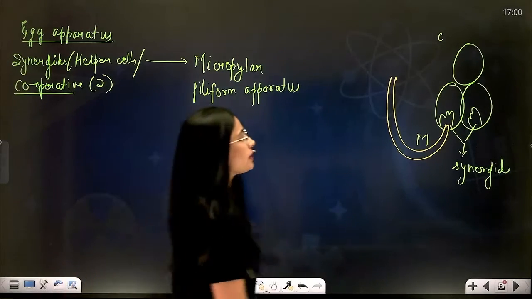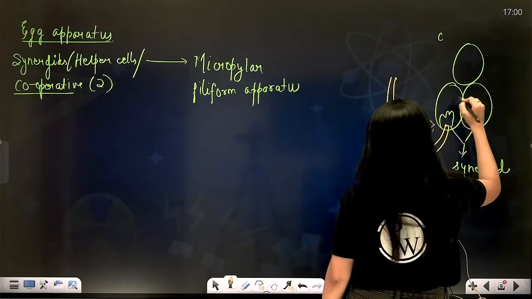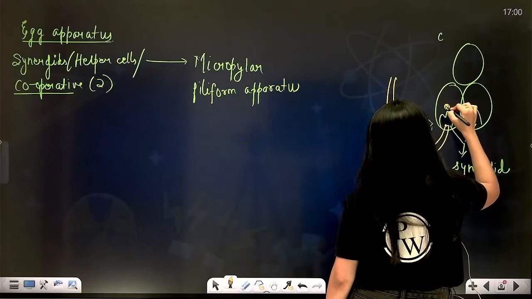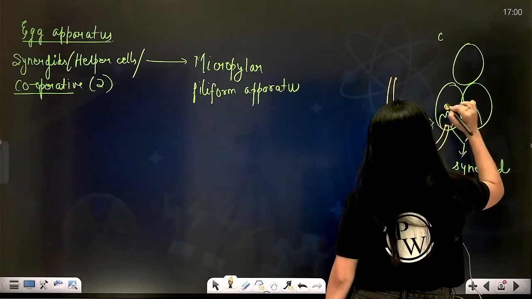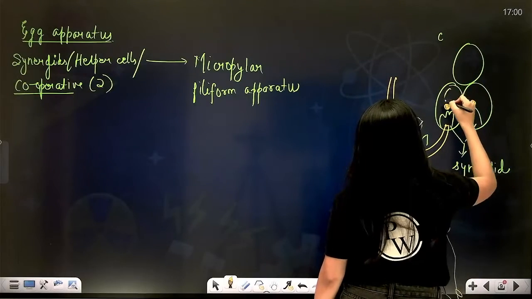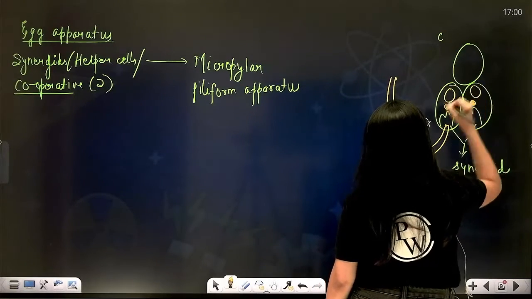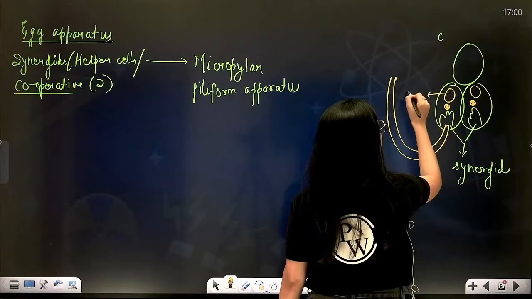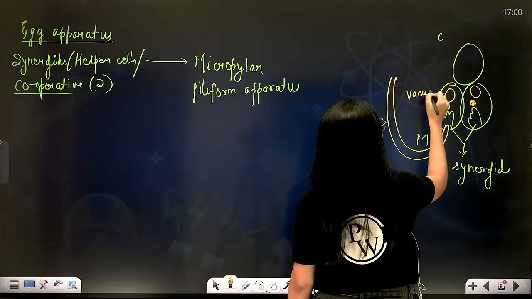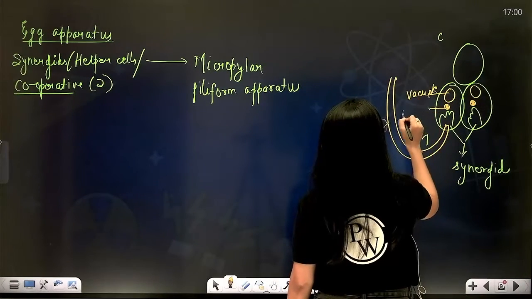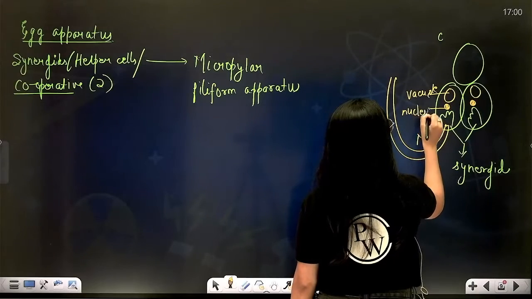Now, towards the micropylar end, beta, they have the nucleus. And towards the chalazal end, they have a larger vacuole. So this is their vacuole and this is their nucleus.